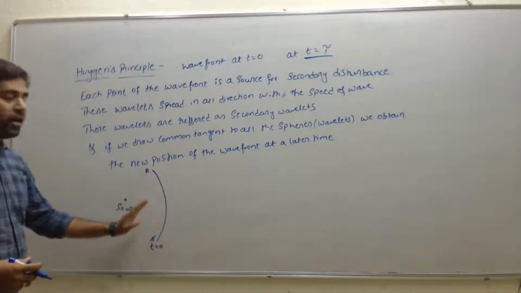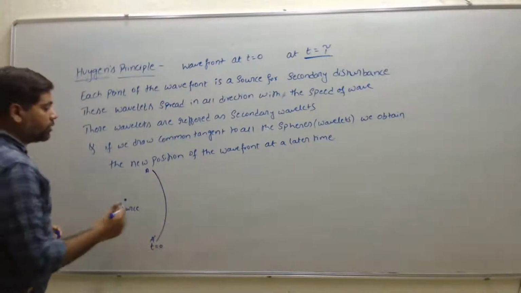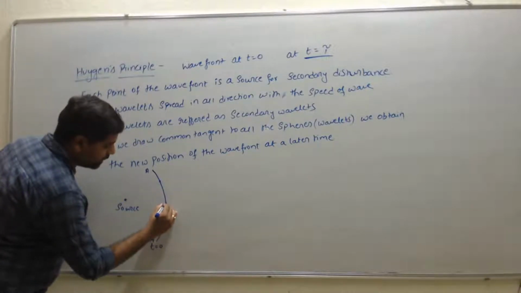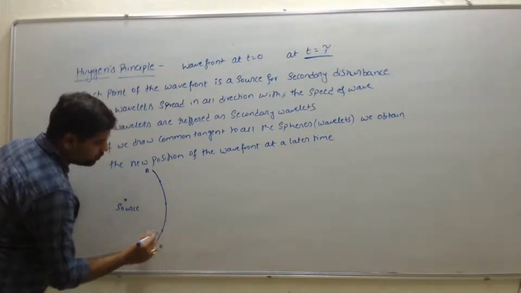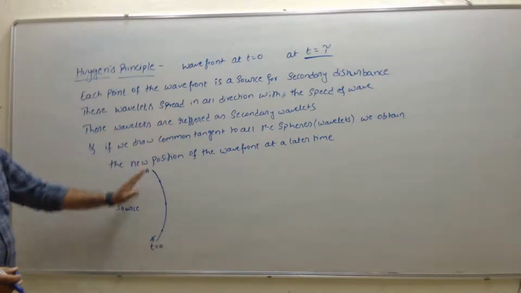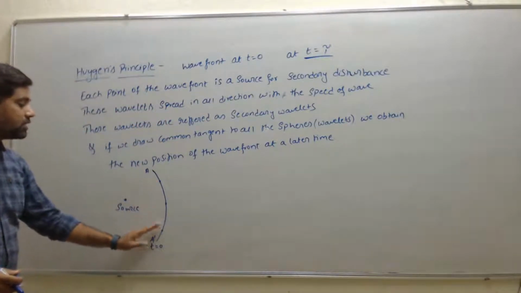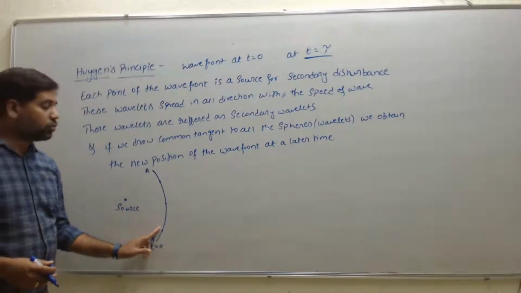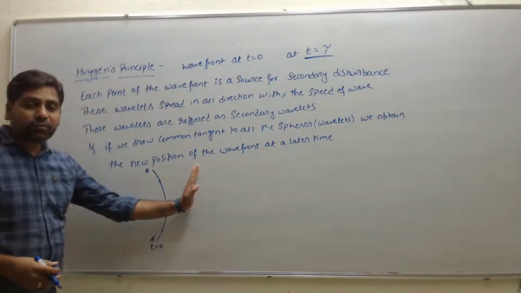In this wavefront we have a number of points. Out of these I am considering 3 points for discussing the topic. These 3 points act as the source for the next wavefront.